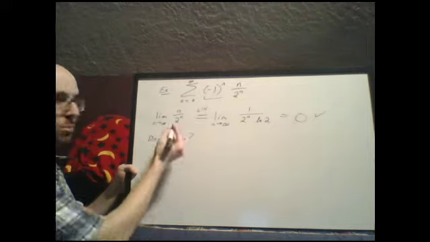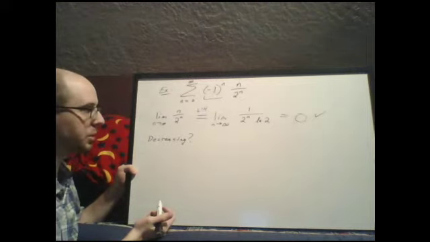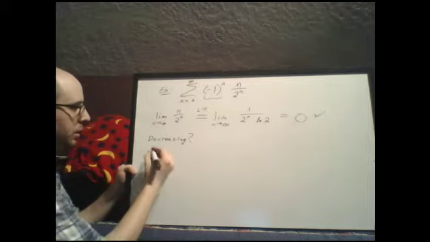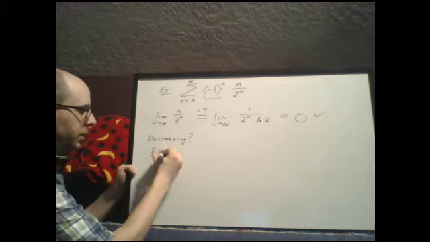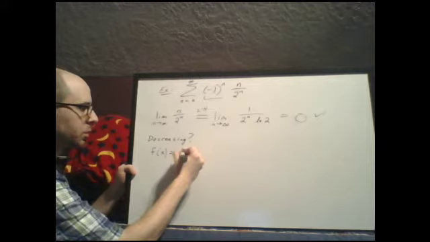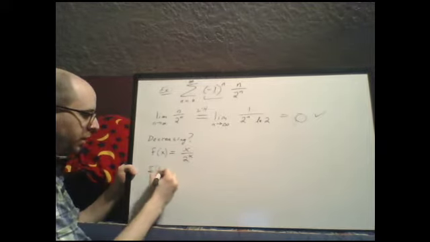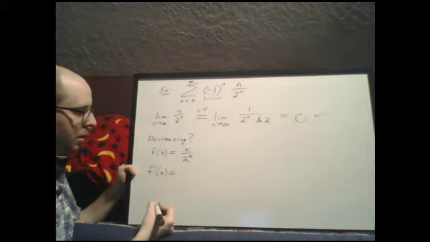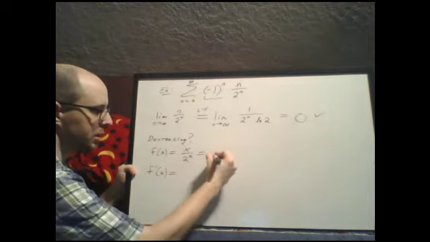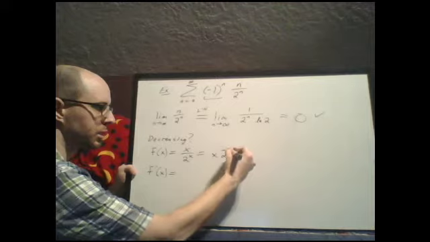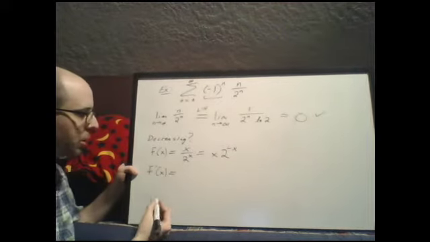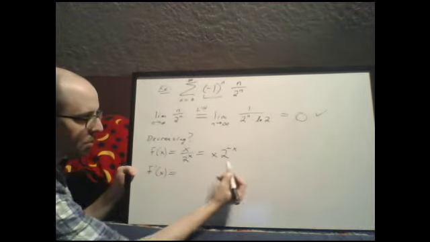So this is more complicated than before, so let's actually do a derivative method. Let's write the function f of x equals x over 2 to the x. I want the derivative of that. Let's write this as x times 2 to the minus x to avoid the quotient rule. f prime then is the product rule.